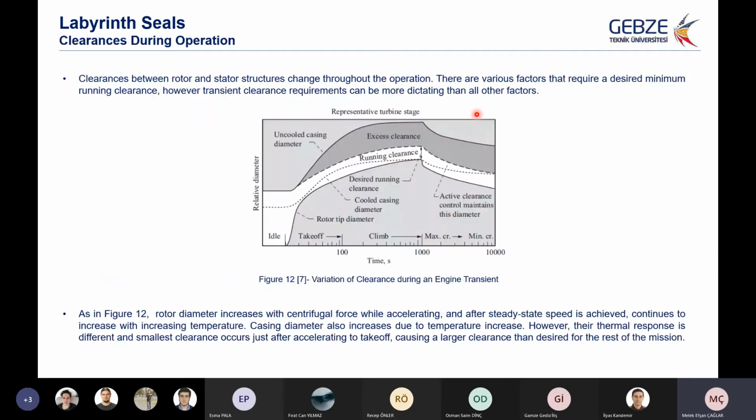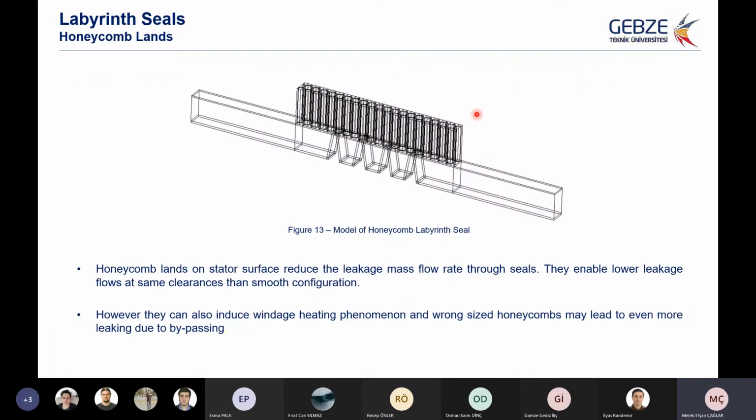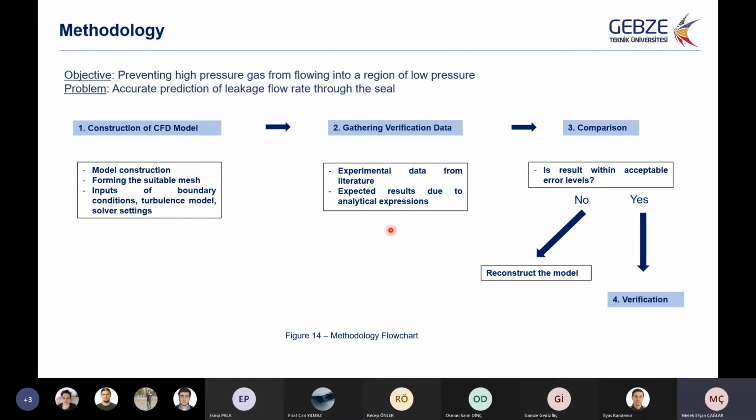Okay. So I have to say that clearances change during operation, and sometimes we can't work with the clearances that we want to, and honeycomb lands allow us to reduce the leakage mass flow rates in the same clearances as the dense unit configuration.